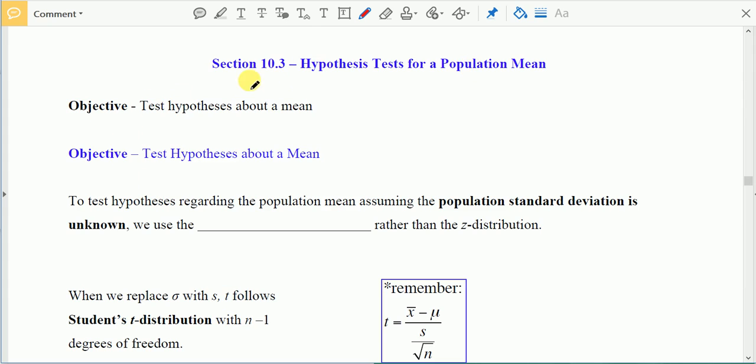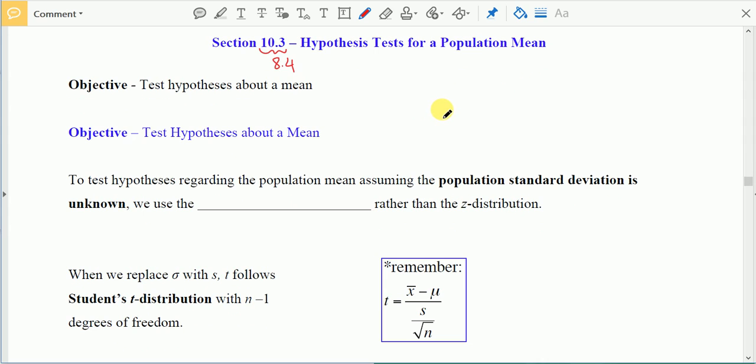Now this section, 10.3 in your textbook, should be 8.4. So we'll learn about hypothesis testing for the population mean.